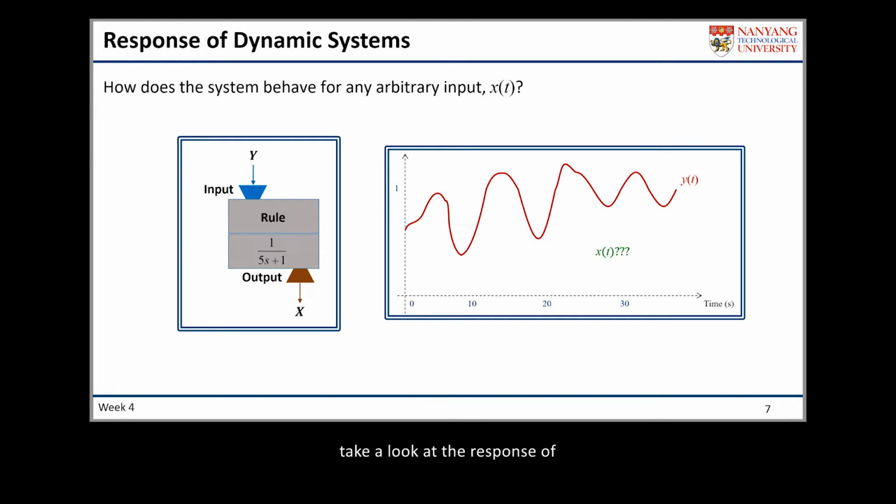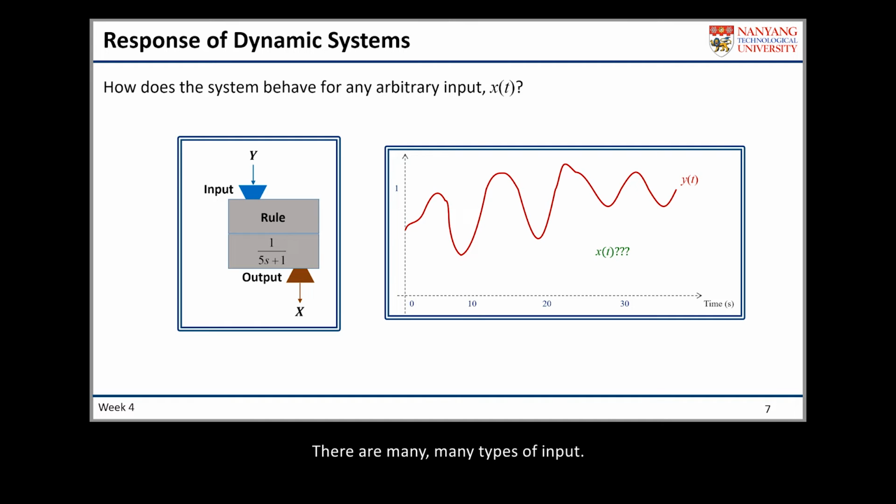Do we have to take a look at the response to a constant input? Do we have to take a look at the response to a sinusoidal input when you are going to assess the performance of the system? Or do we have to take a look at the response to any arbitrary input? How many inputs might there be that you need to use to assess the performance of the system?